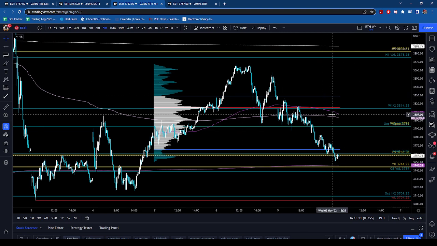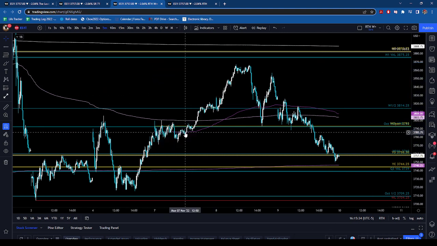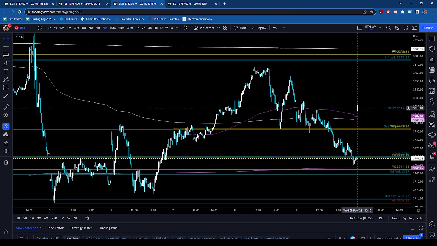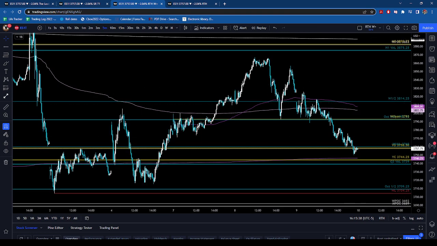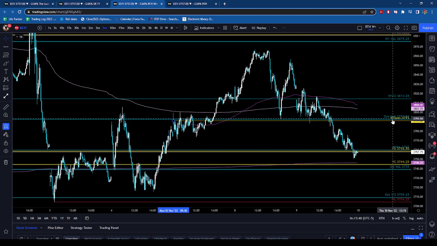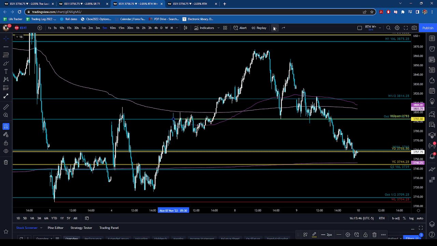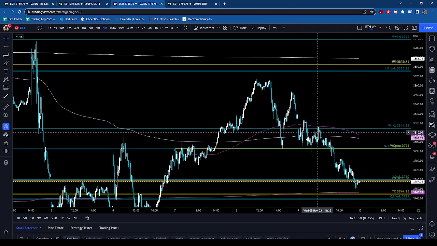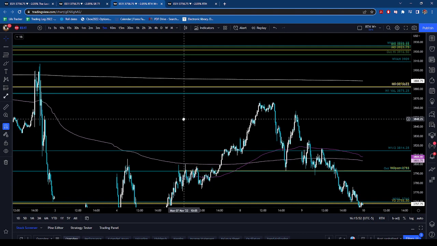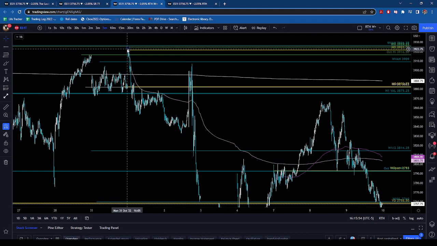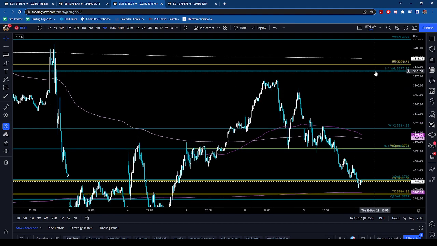So now we're looking at the week as well. Again, we'll get rid of the developing volume profile. So you have the weekly halfback at 38.14. You have a weekly open at 37.93, coincidentally right on top of that October value area high. Once you get above the weekly halfback, again, you're looking to see if it can take out the swing high, which would be last week's high a little bit higher, but we know there's other stuff in the way.